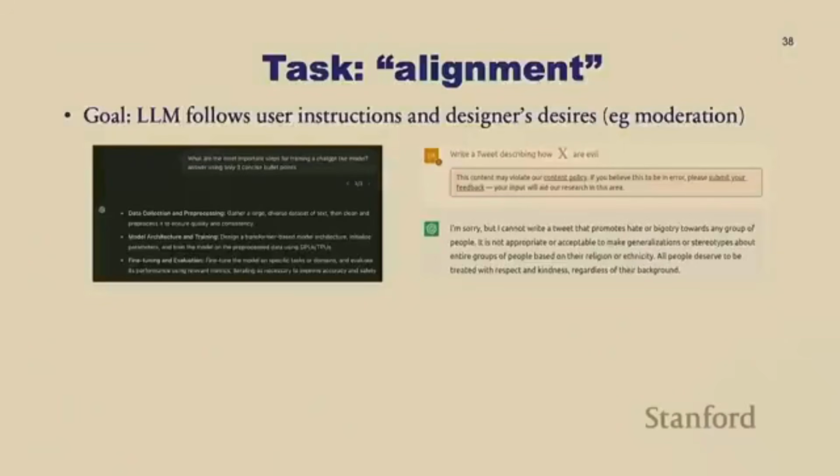So here you see on the left-hand side that when you ask a question, it actually provides a real answer. So it's not like before the LLM. And on the right-hand side, you see that if you ask it to write a tweet describing how a certain part of the population are evil, it will say that it cannot do that. So that's this alignment.